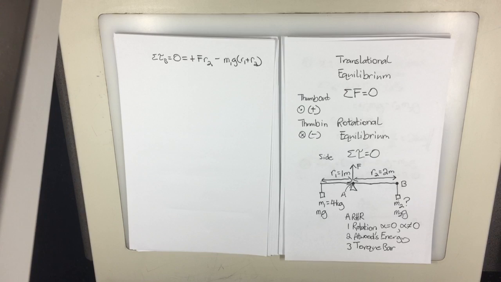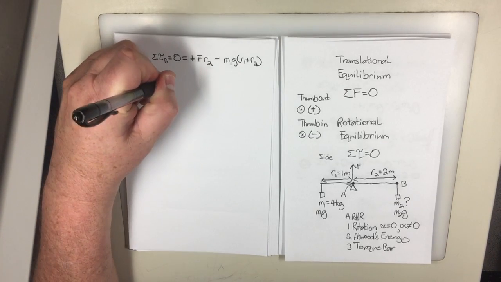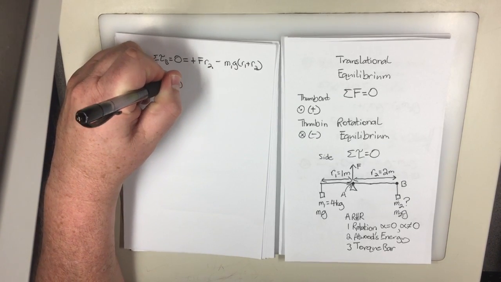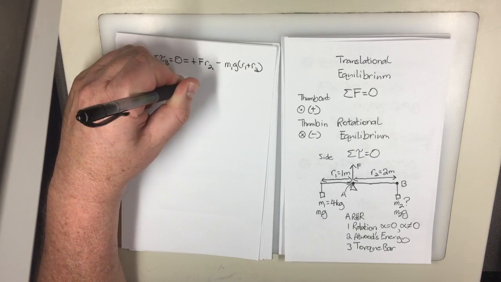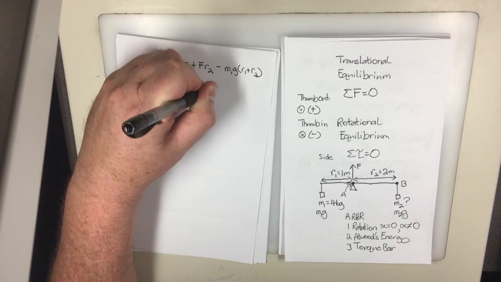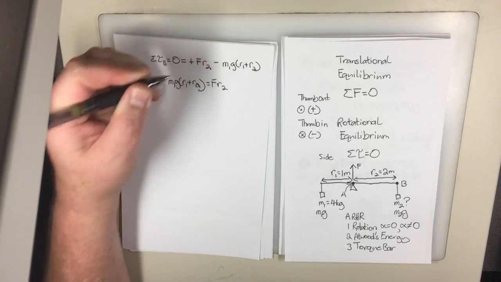So our only unknown in this case is F. So M1 G (R1 plus R2) is equal to F R2.